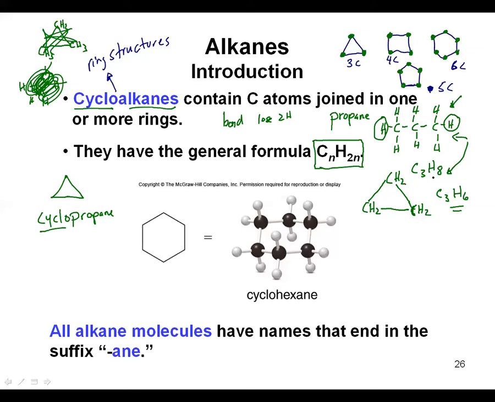Every time you put 1 bond together, you have to sacrifice 2 hydrogens, otherwise you'll end up with too many bonds. So this one, which has 4 carbons, is butane in its straight form, but because it's a ring, it would be cyclobutane.